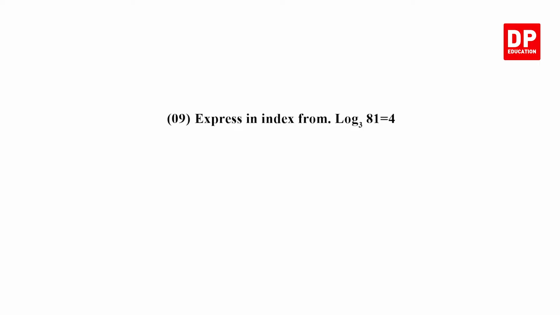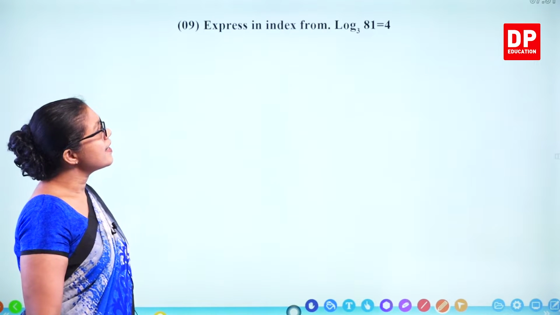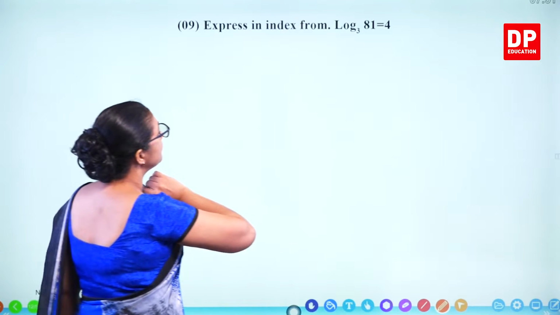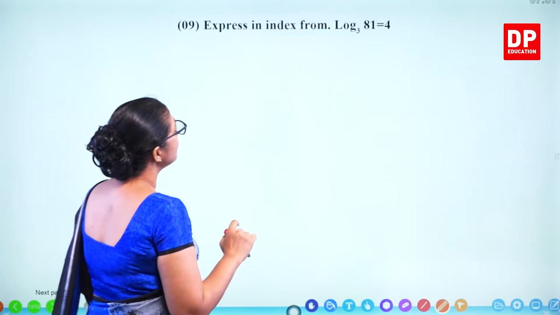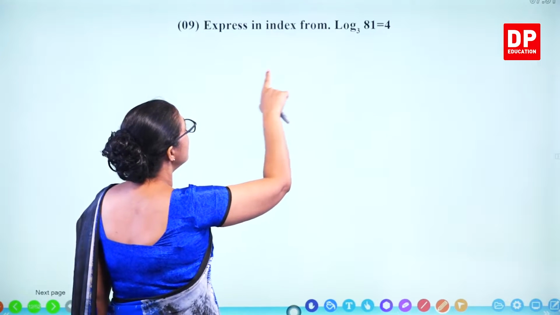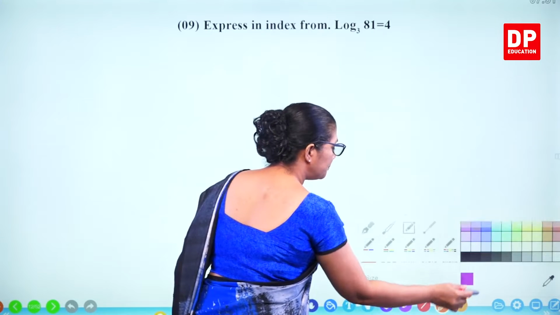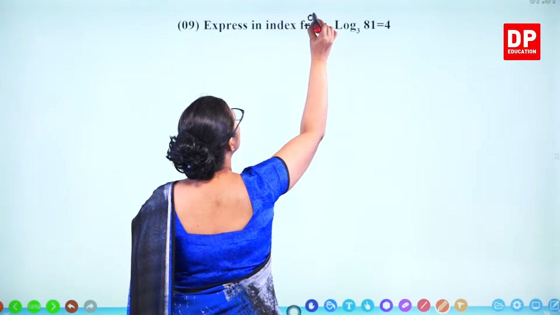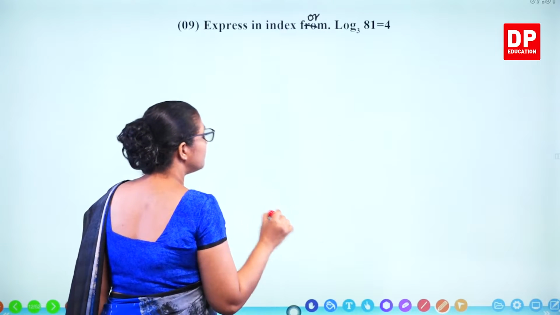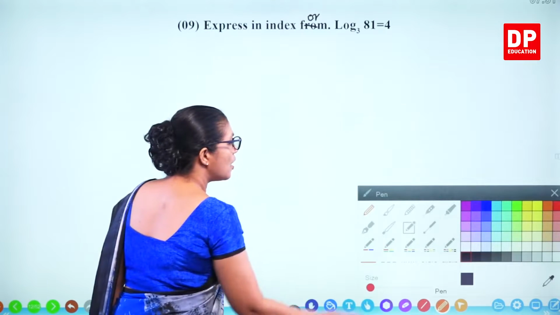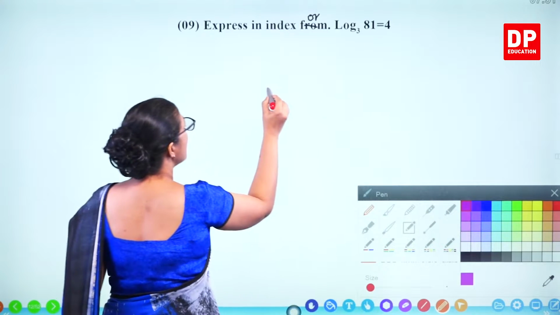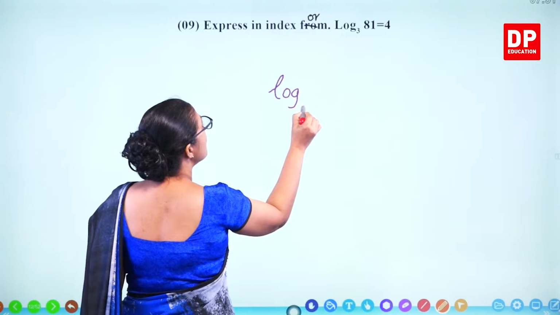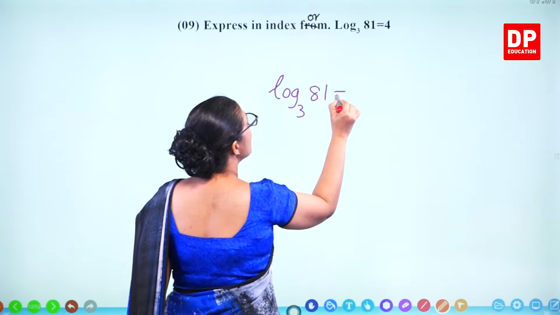Question number 9. Express in index form this one. So what's index form? This one, log 3 of 81 equals 4.